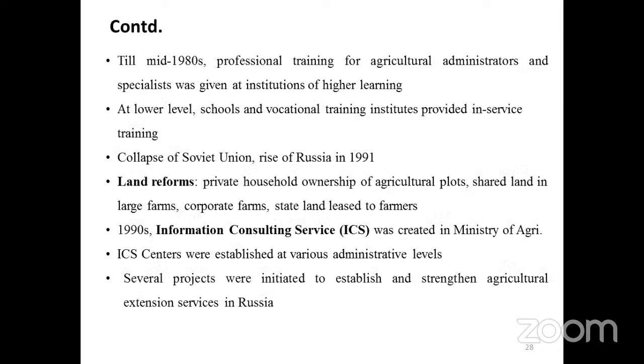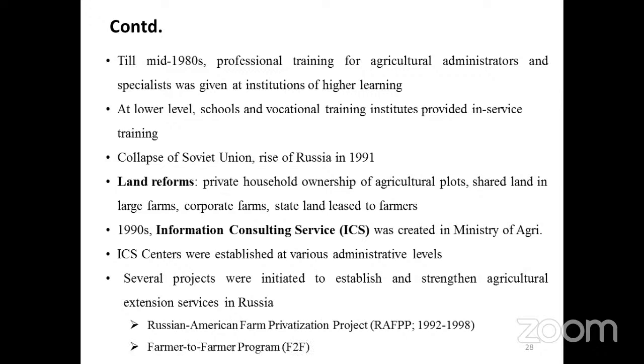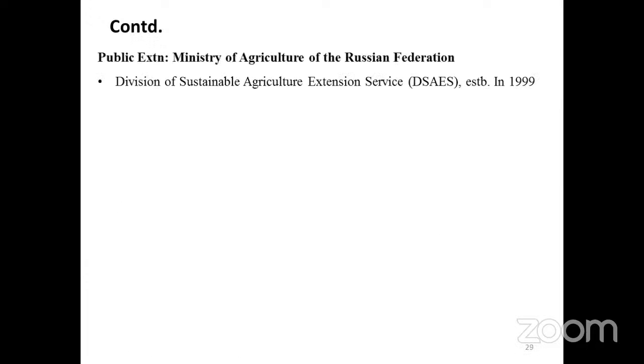Now, moving on, with the rise of Russia in 1991, they had these land reforms. Private household ownership came into being, which was earlier only state ownership. And they started this information consulting service under the Ministry of Agriculture. Different programs also they started, like this farmer to farmer program.